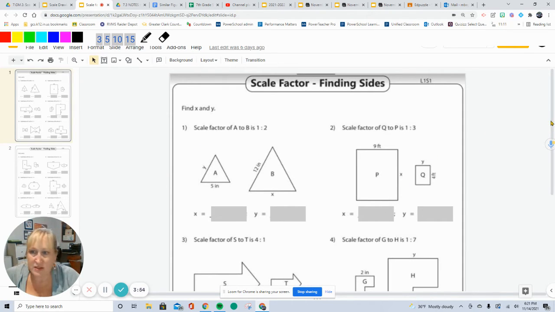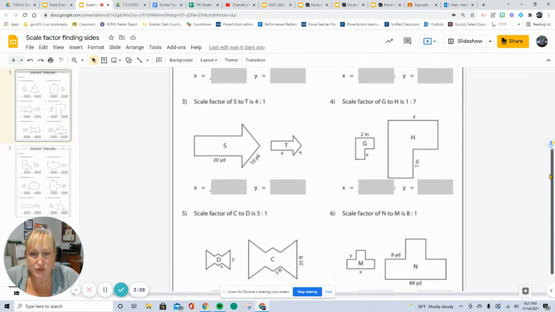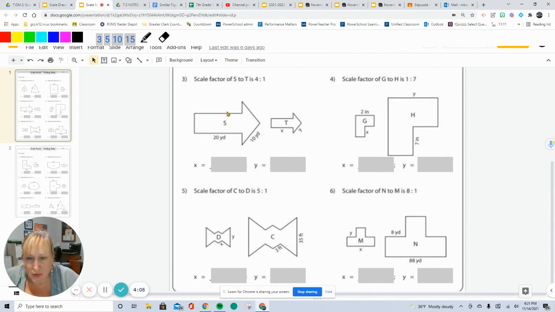All right, let's see. I need to get this going. We're going to do 3 and 4. All right, so my scale factor is 4 to 1, and in this case it is shrinking. So 4 to 1 equals, I'm going to put the 20 with the x.